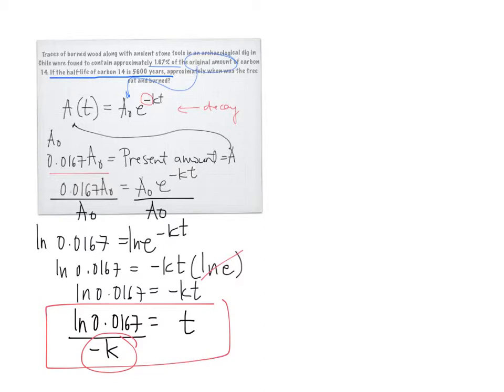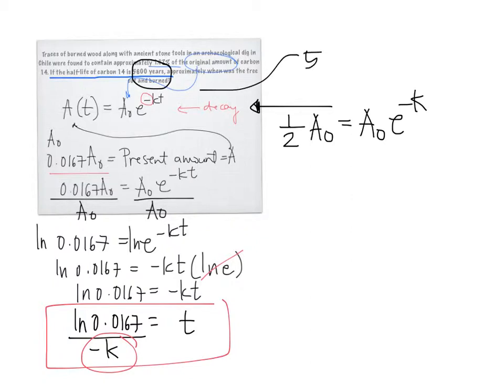So if I use that information and connect that to the function, that means when half of the initial, so A sub 0 over 2, equals A sub 0 e to the negative k, the time is 5,600 years. So the t here is 5,600.